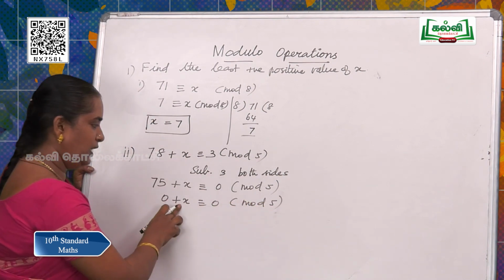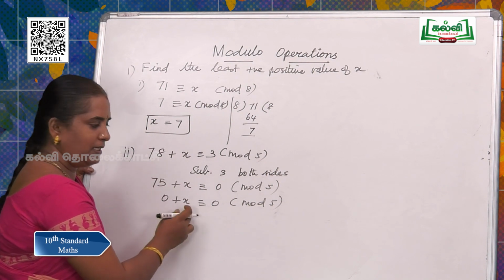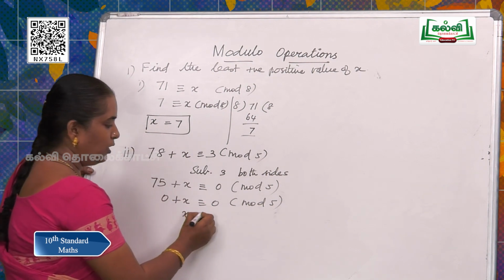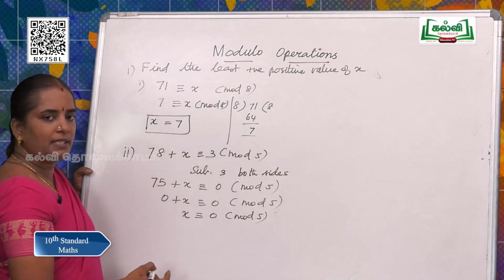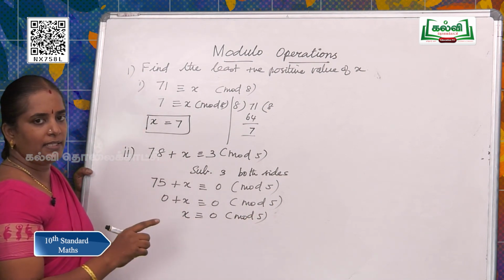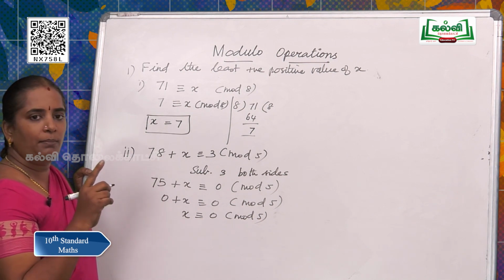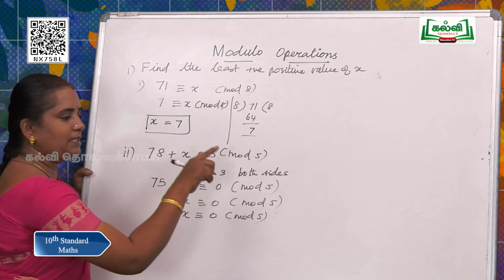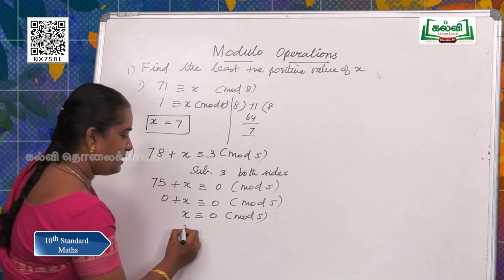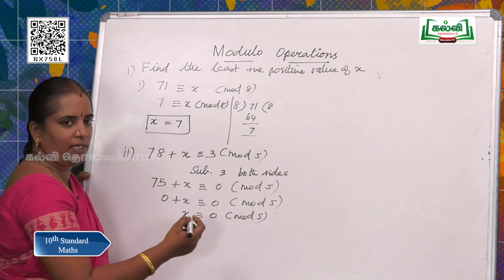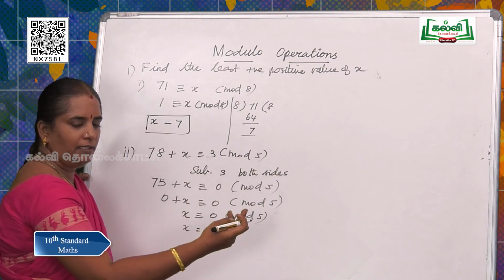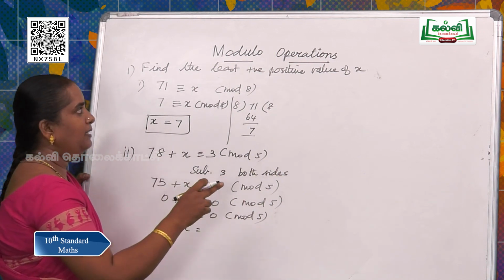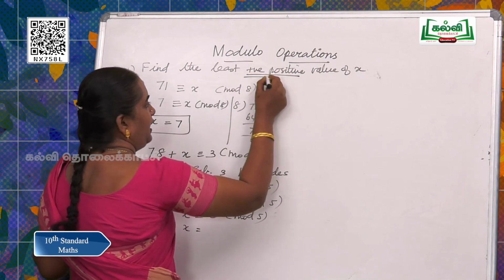That means x is congruent to 0, that says x is a multiple of this modulus, which means x may be 0, 5, 10 and so on. But we need the least positive value.